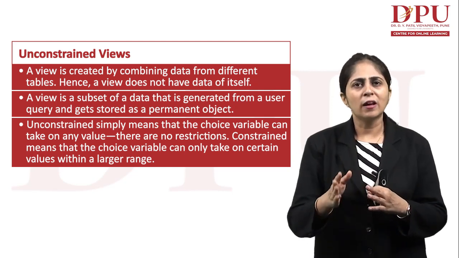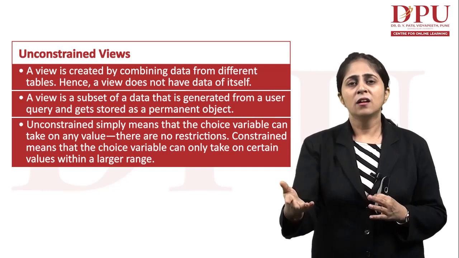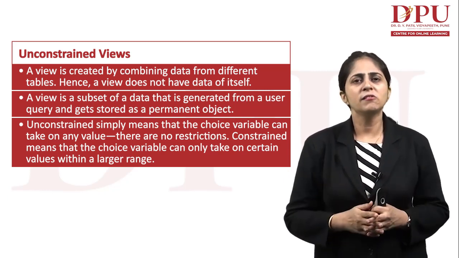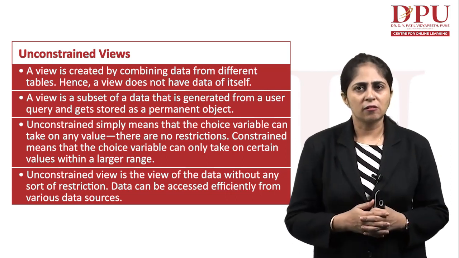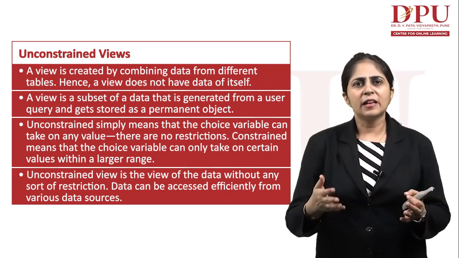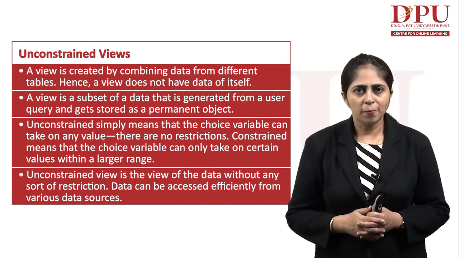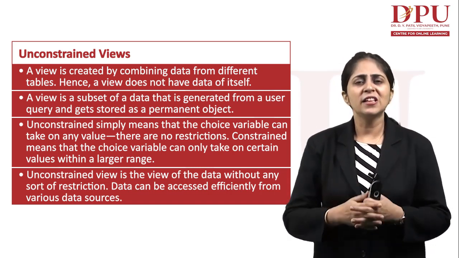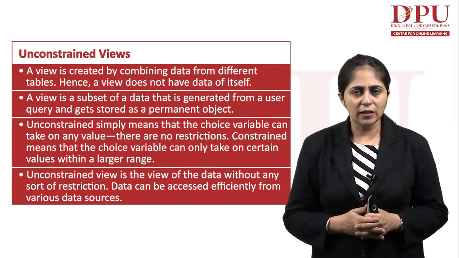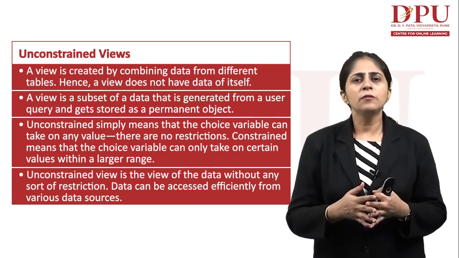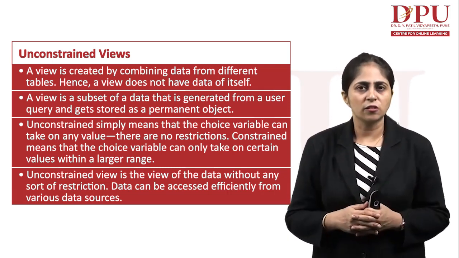But when we talk about unconstrained, the variable can take any data. So an unconstrained view is a view of data without any sort of restriction. Data can be accessed efficiently from the various data sources that we have. These business intelligence tools today provide us with the unconstrained view of our data, by accessing the data from various data sources.